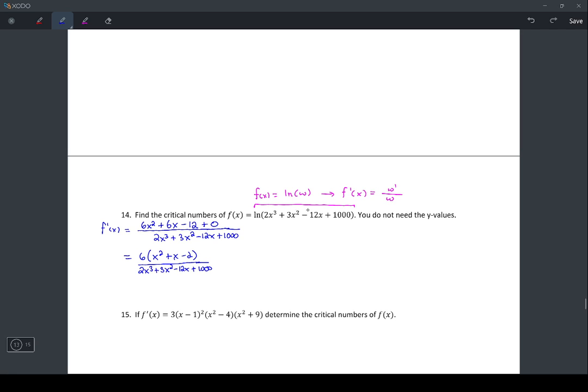Everything inside the brackets of the original ln function is the denominator inside the derivative, and you cannot take the ln of 0. 0 is not in the domain of the log function. So there's no point in looking for where the denominator is 0. We only need to check for where the numerator is 0.